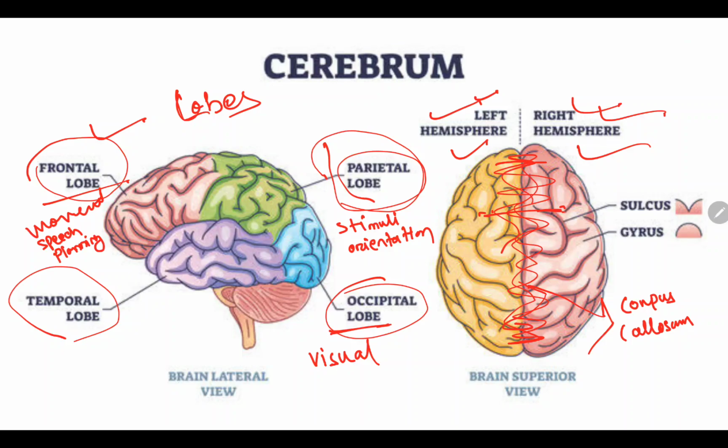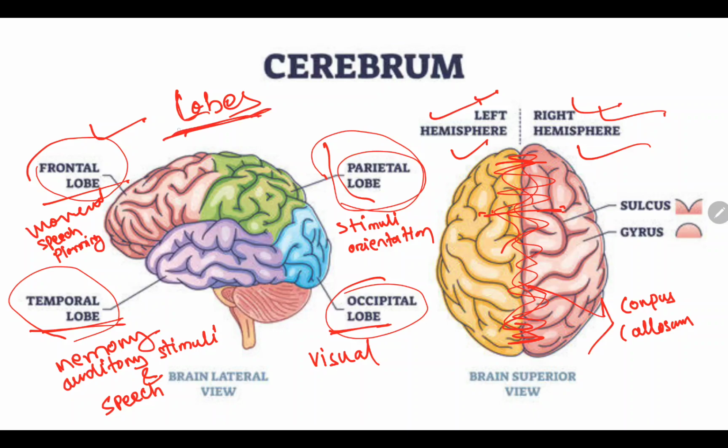Next is the temporal lobe. This region is related to perception and recognition of memory, auditory stimuli and speech, meaning hearing and speech. So this is all about the lobes or regions present in the cerebrum.